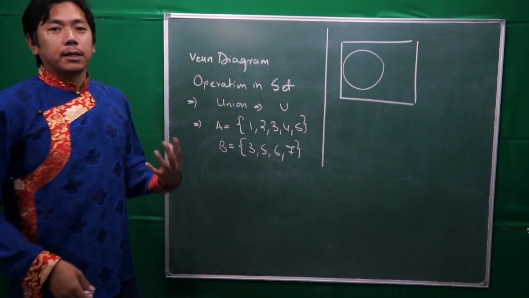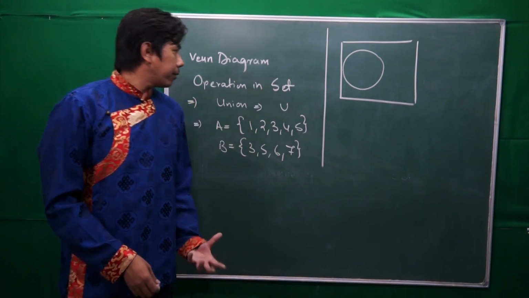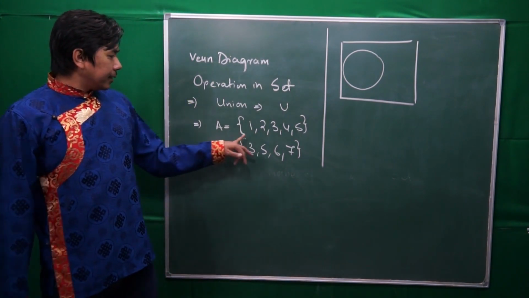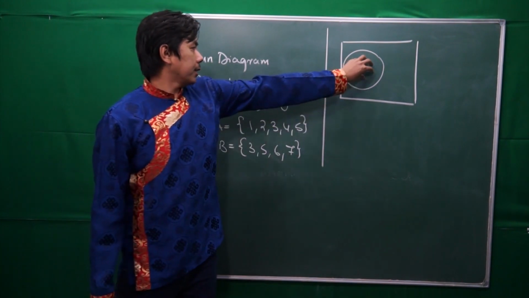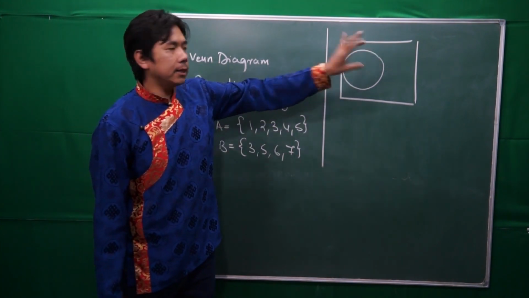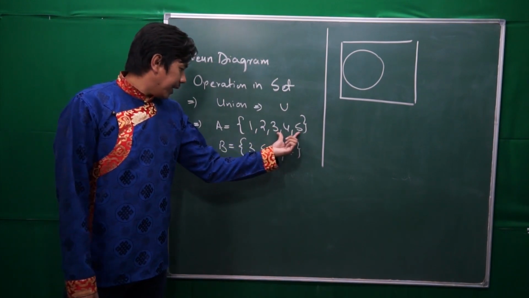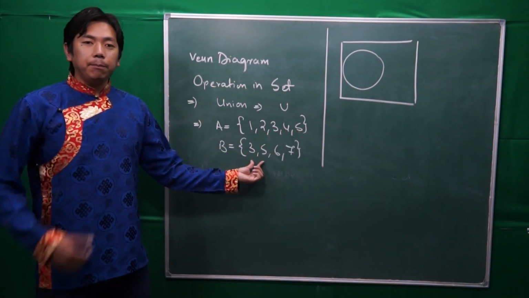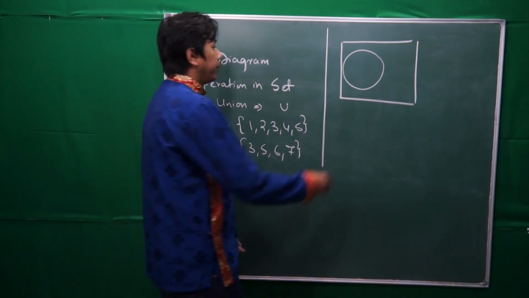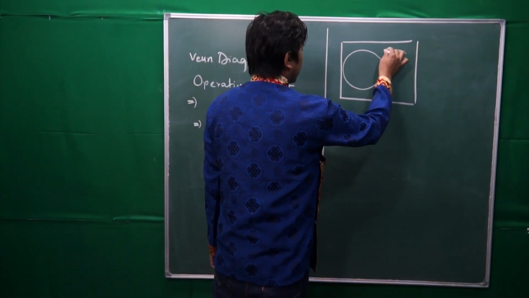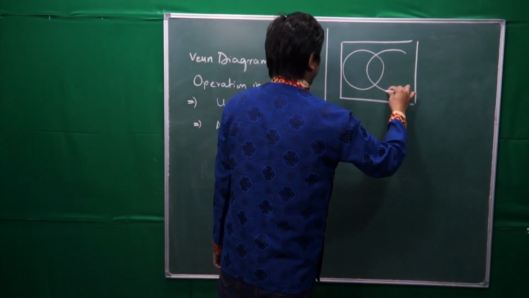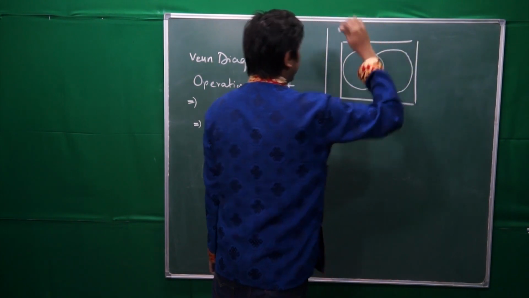This is how we are going to represent a set. Now this set A has certain elements. We'll be writing the elements in the set, but before writing, we see that certain elements of set A are also in set B. So we will overlap the set A diagram with the set B diagram.